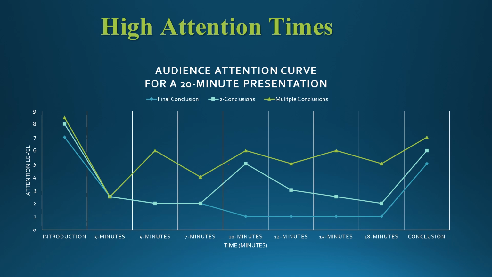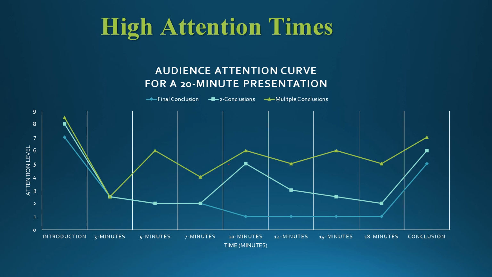People start to pay more attention because they're looking for that takeaway message, and that is in the conclusion. After the conclusion, the light blue line begins to trend down again and moves toward a point that is still higher than the dark blue line, where no intermediate conclusion was given at all.